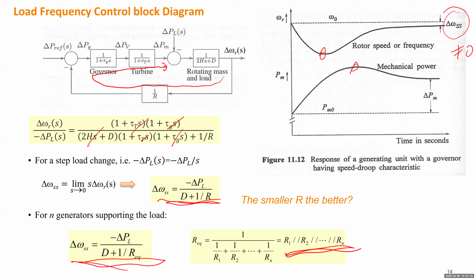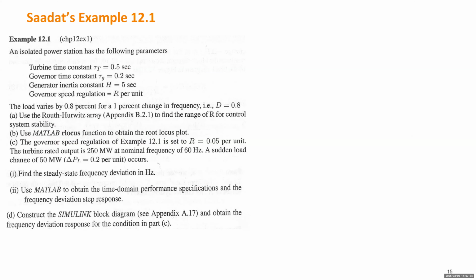And if the gain is too large, eventually the system can become unstable. It will have very large oscillation. So I will leave that for the next lecture. Next lecture we'll use one example with some values to study what range of R we need to use to design this power plant.